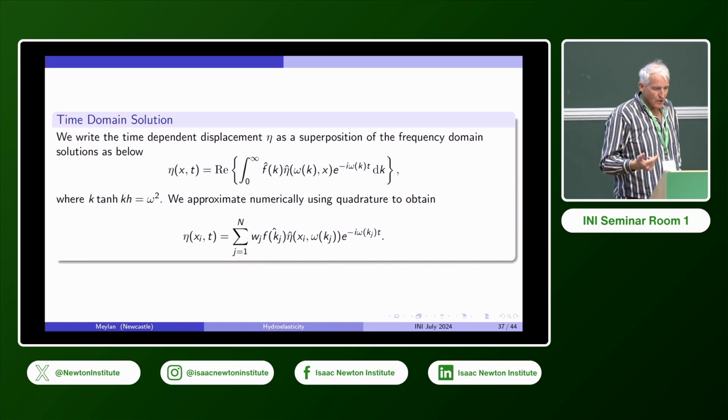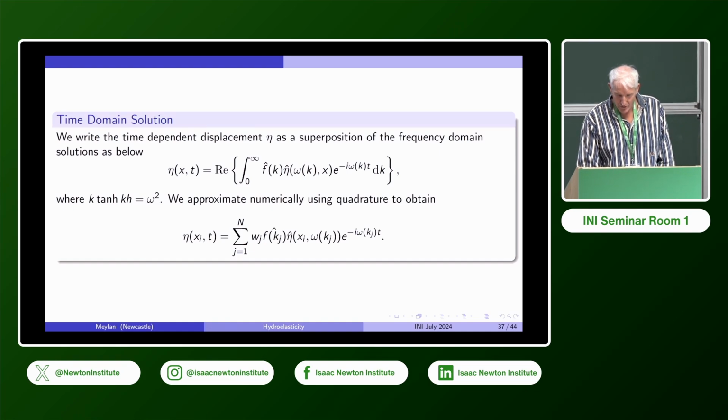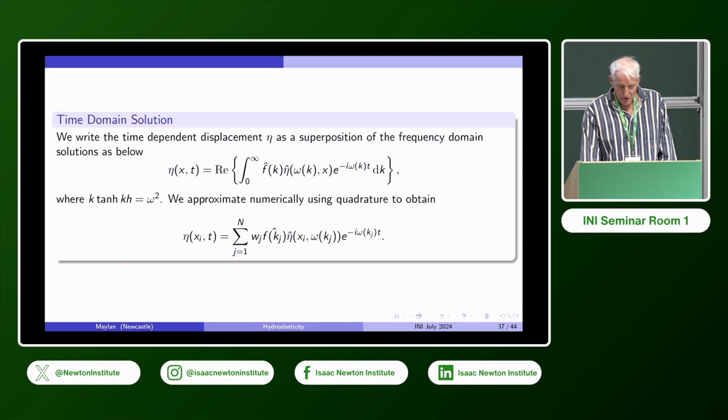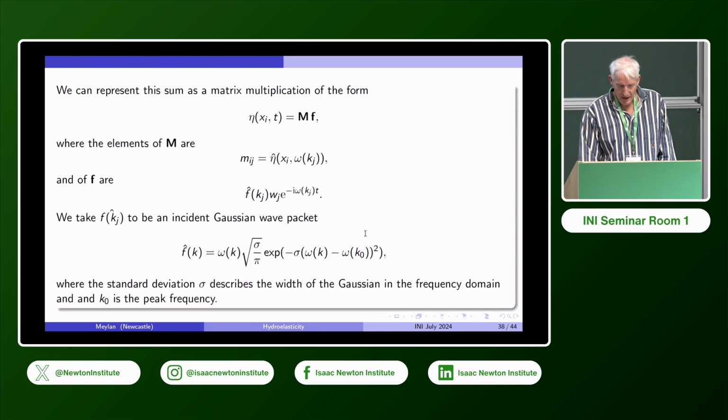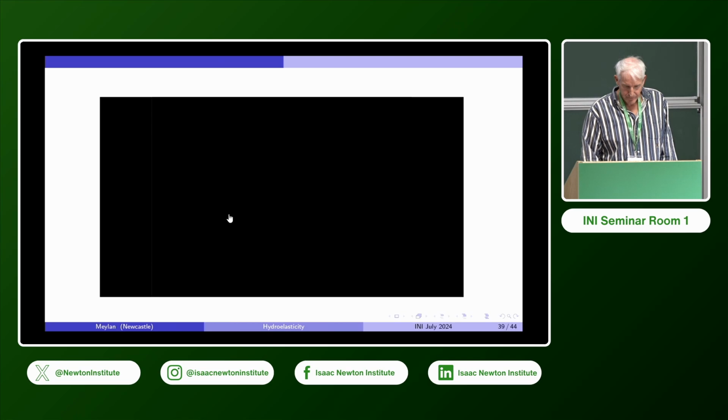And in many ways, the simpler the quadrature, the better, just like the FFT uses a really simple quadrature to do the Fourier transform. It turns out that if you look at that equation, it's actually matrix multiplication, where you take the solution you've found in the frequency domain and multiply it by a vector f. So it's really quick to implement on the computer. It's very, very simple to do. It's just matrix multiplication.